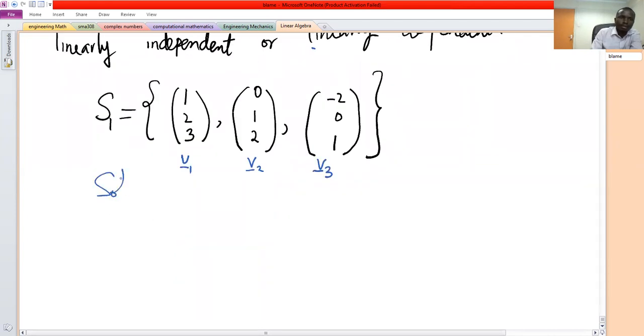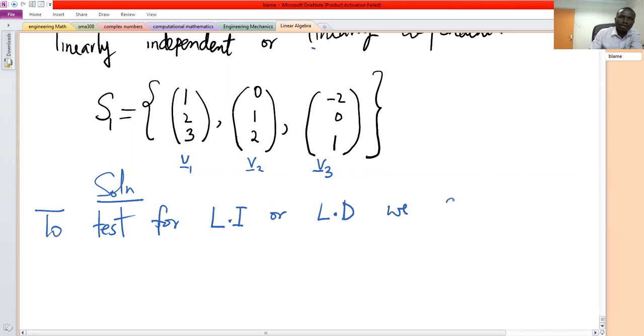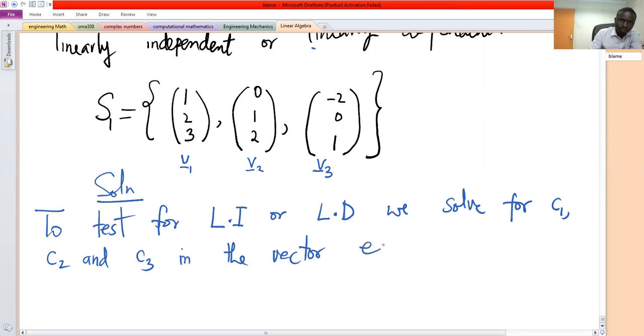So to test for linear independence or linear dependence, we solve for C1, C2, and C3 the vector equation C1 V1 plus C2 V2 plus C3 V3 equals 0.